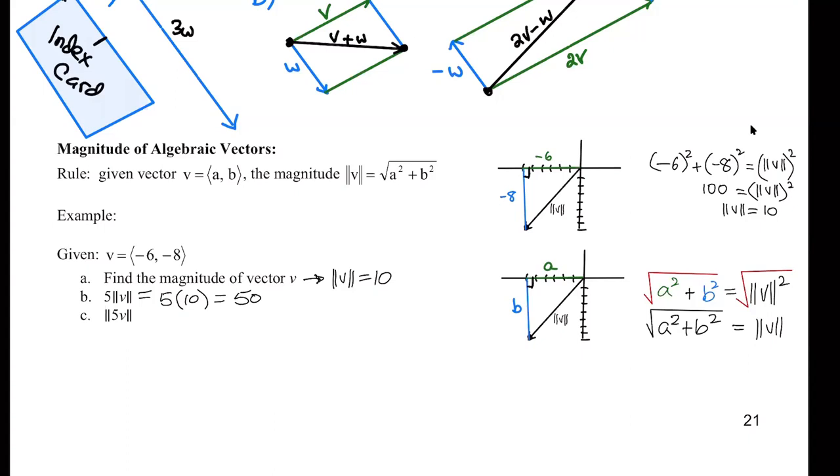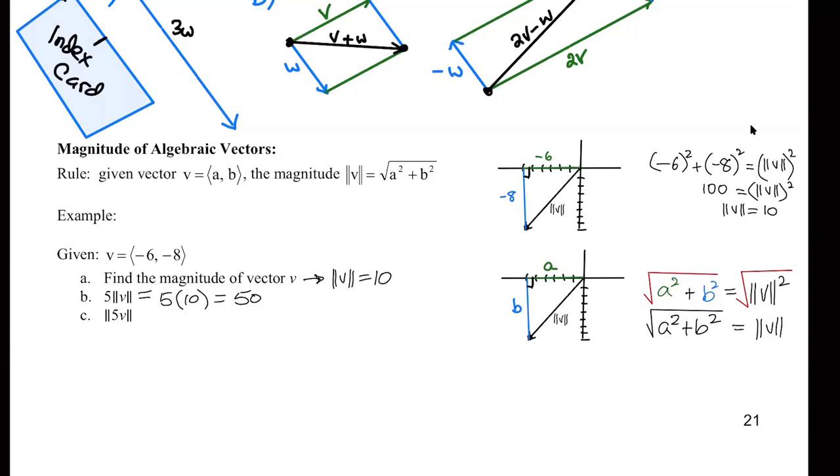So basically, take the length of that original vector V and multiply it by 5. So it's going to quintuple itself, so it's going to be really, really long, basically. Instead of 3 line segments like the last one, or 2 line segments, it's going to be 5 line segments. And then find, using the Pythagorean theorem, the magnitude of that, all right?